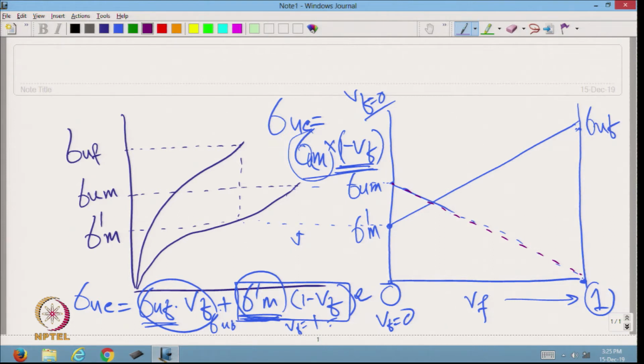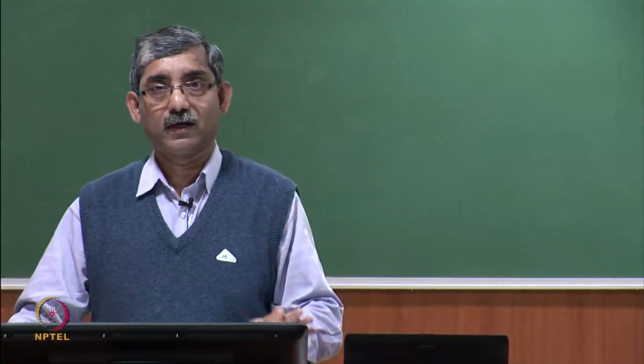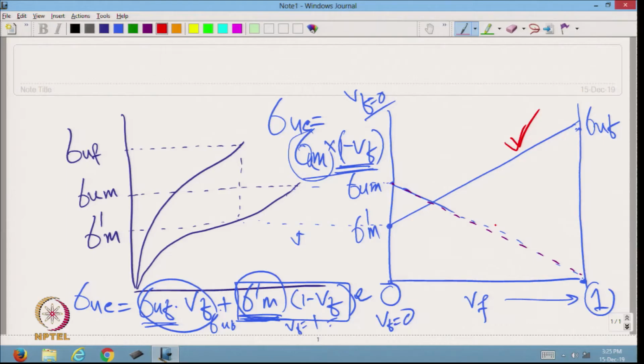So, this curve is showing the ultimate stress before the breakage of fiber, when both matrix and fibers are taking load, but this curve is showing the condition where matrix only is taking the load.